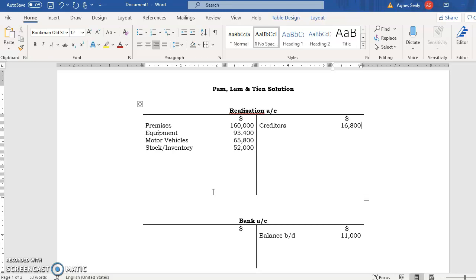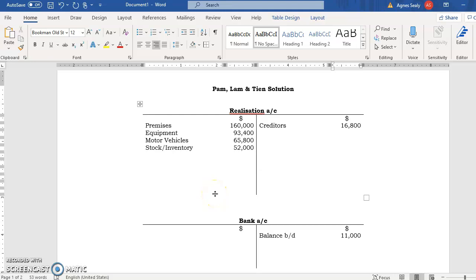The next one is to record the assets taken over by the partner, and you have to record that at the value that the partner took them at. And in order to record the assets taken by the partner, you have to debit that particular partner's capital account and credit the realization account for the valuation of the asset taken by the partner.